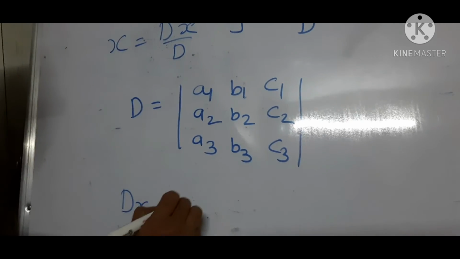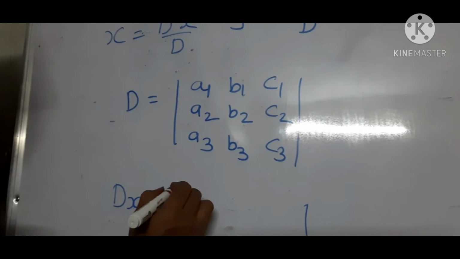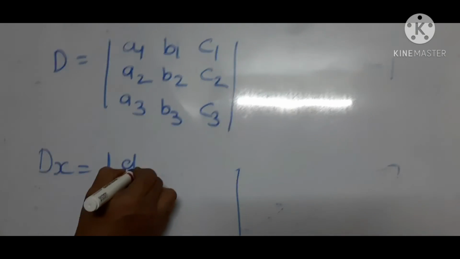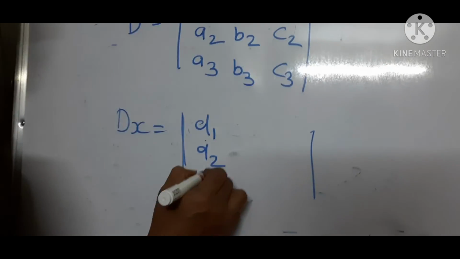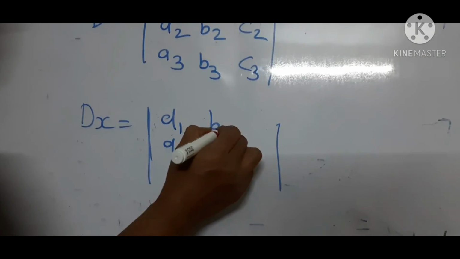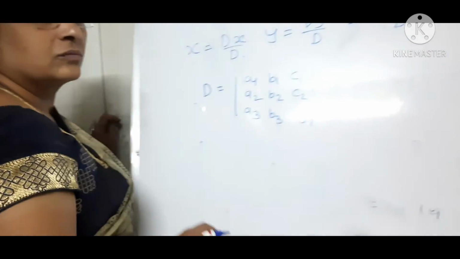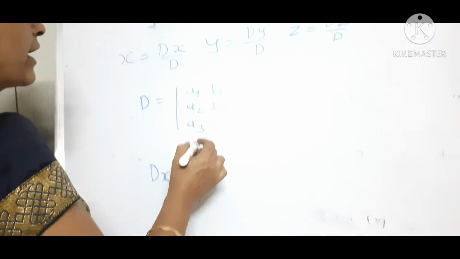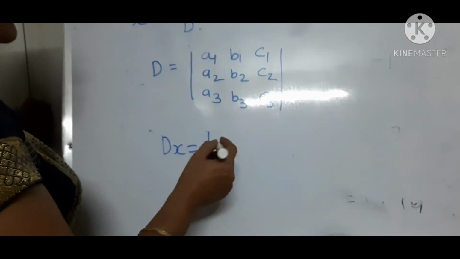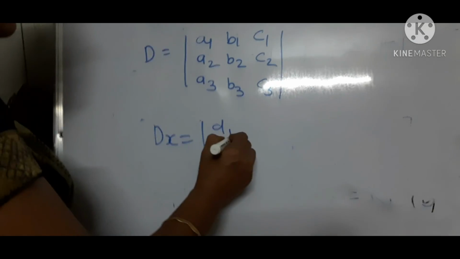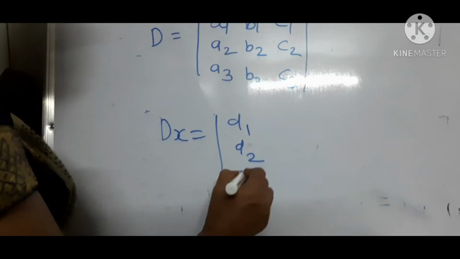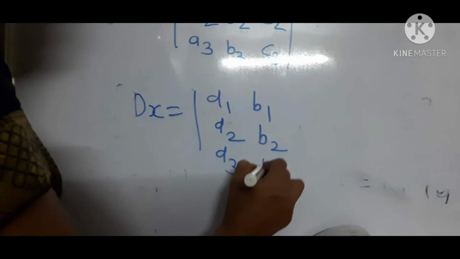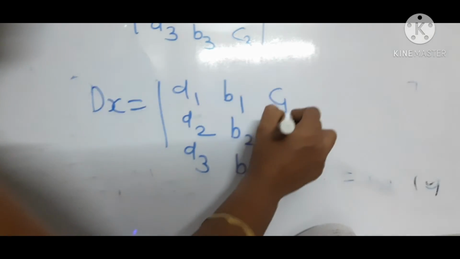In Dx the coefficient of x is replaced by the constants d1 d2 d3, with b1 b2 b3 and c1 c2 c3 as they are.